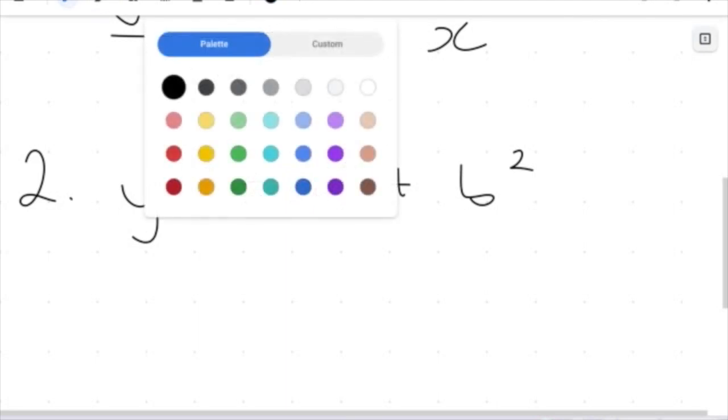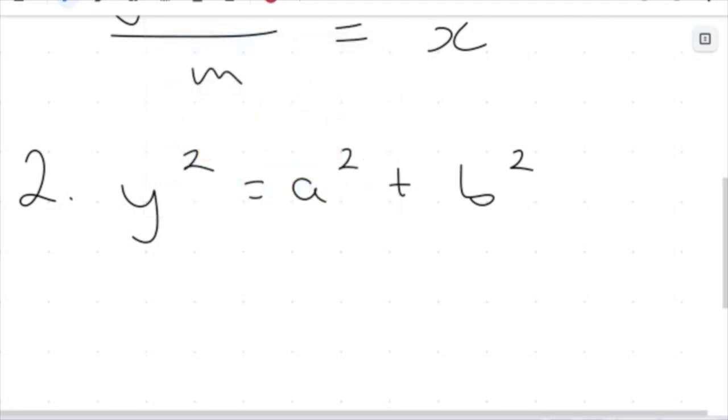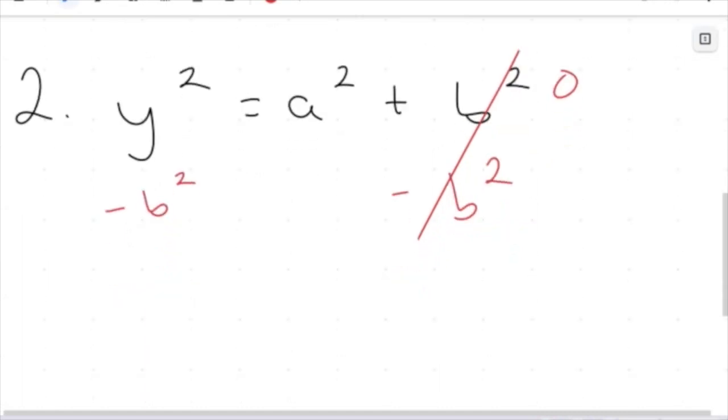We can see that b squared is being added to this a. So I'm going to subtract b squared from both sides, and that is going to leave me with a squared on its own on the right here. So I will get y squared minus b squared on the left equals a squared on the right.